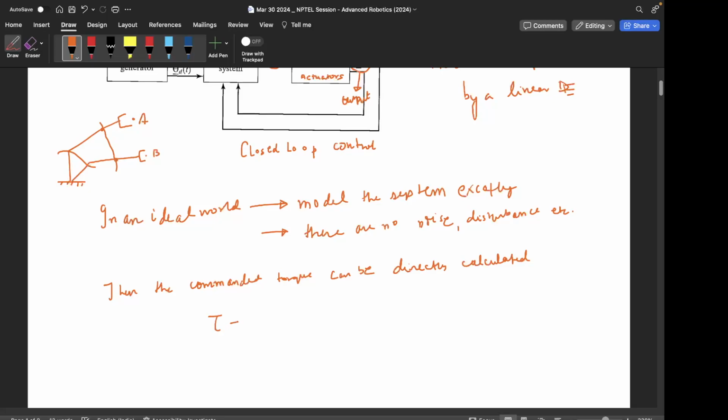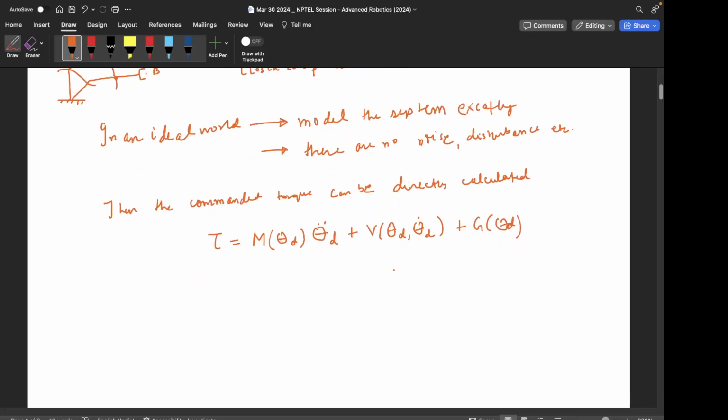So tau is equal to M, this is the desired joint position, the desired joint acceleration. By just putting the desired quantities in the equation of motion, we would get a torque, and if we command that torque, in an ideal world we would have got these trajectories as output.